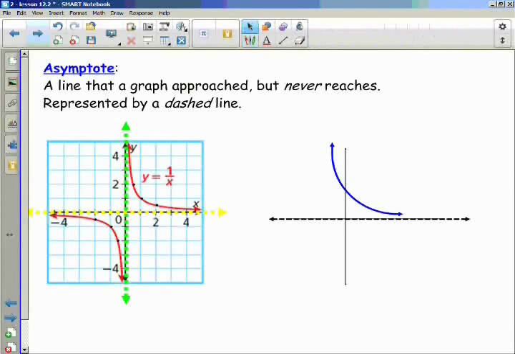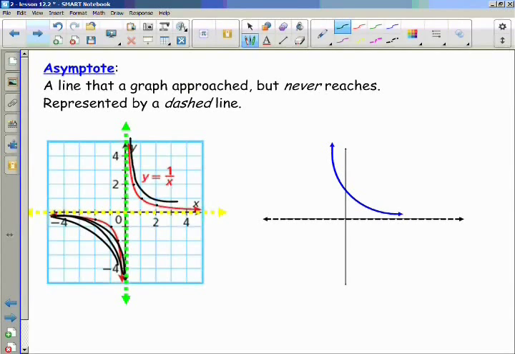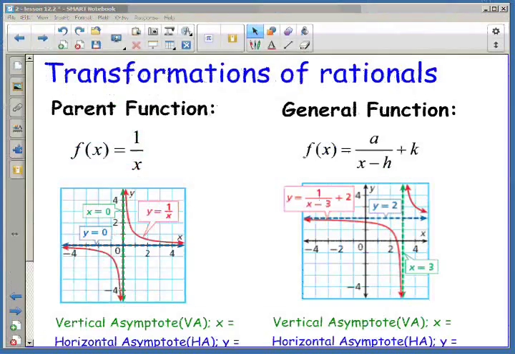It never actually gets to 0, and it's a horizontal asymptote. We call that an asymptote. And then in the example we saw earlier, these branches here are separated by asymptotes, lines that are approached but never reached. So lots of vocabulary. Please make sure you keep this available and use it as you do work on your own and when we get to class.